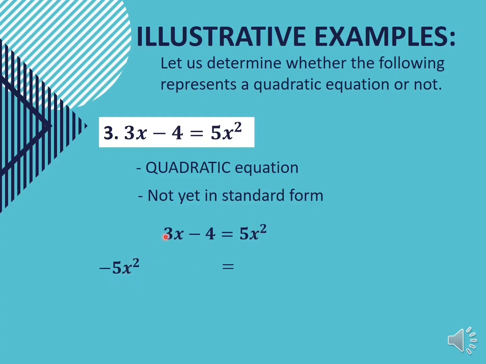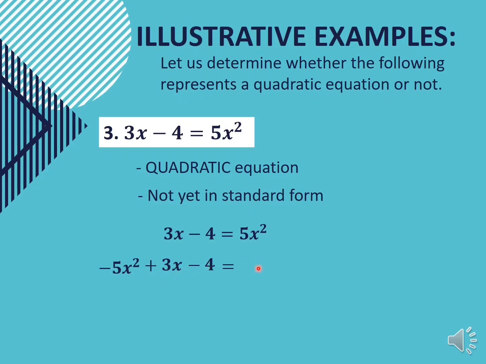And how about positive 3x? Inilipat ba natin to? Okay, not anymore kasi nandun, itatabi lang natin siya kay quadratic term. So, that will become positive 3x. How about negative 4? Okay, again, we don't have to transpose it. Hayaan natin siyang naririto sa left side. So, that will become negative 5x squared plus 3x minus 4.